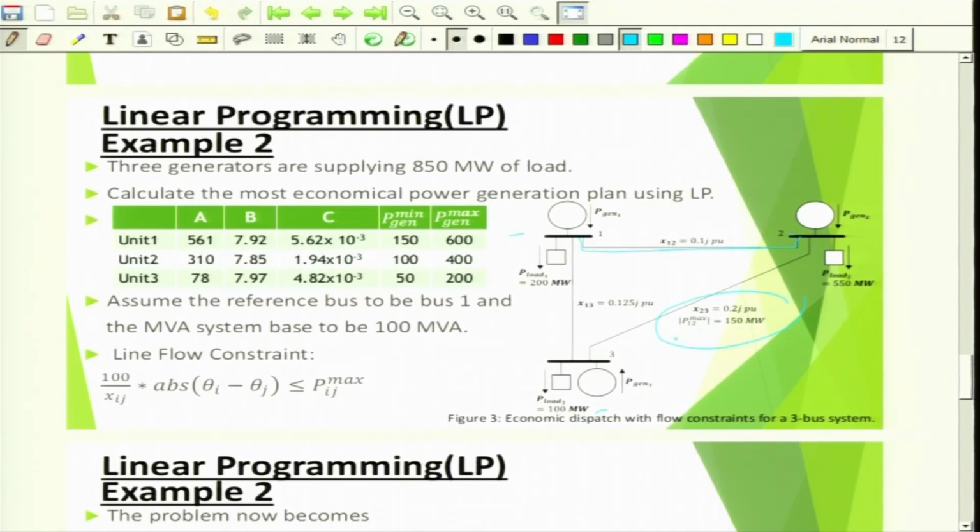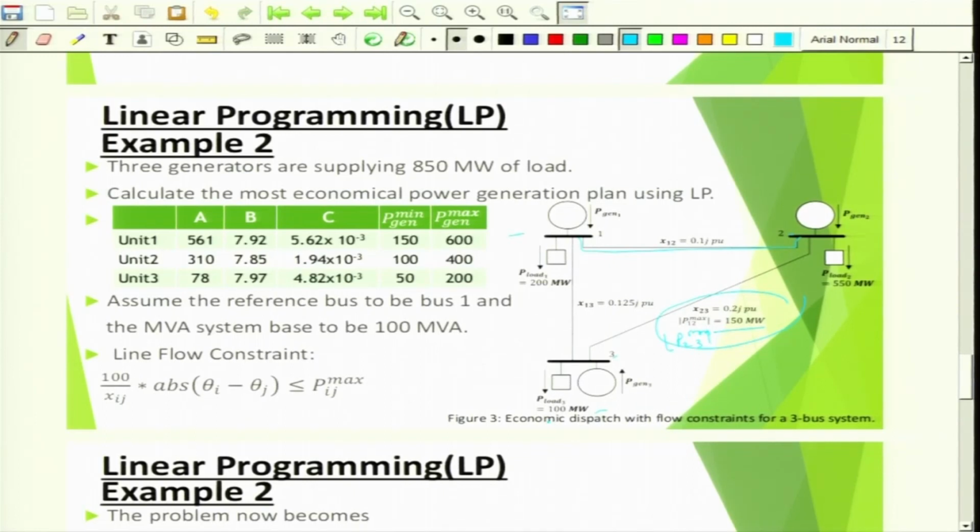That means the maximum power that you can exchange between these 2 segments could be 150 megawatt. This is not P12 maximum, this is P23 maximum. This is 150 megawatt.